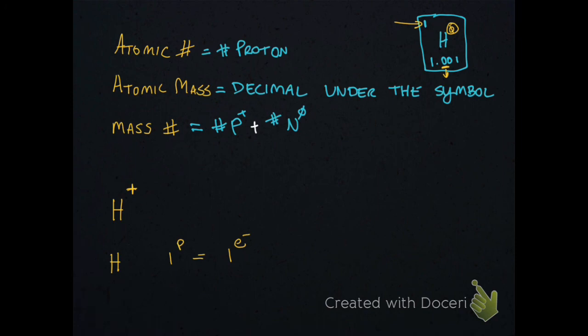It would not be the same, though, if it had a positive charge right there and was a cation. So you must know what cation means. Is it a loss of electrons or is it a gain of electrons? Okay, so hopefully that helped you with that first page of the chemistry worksheet.